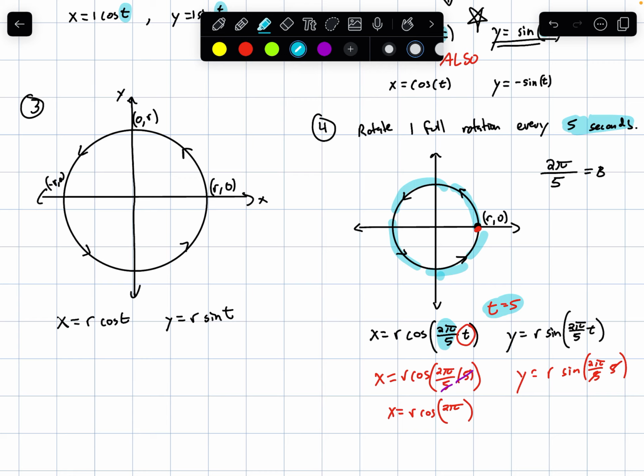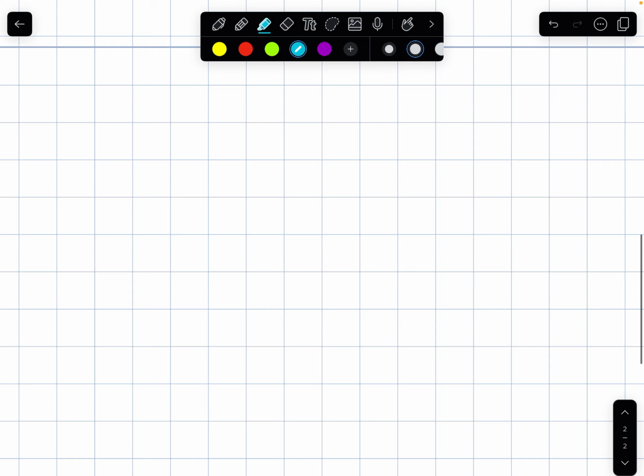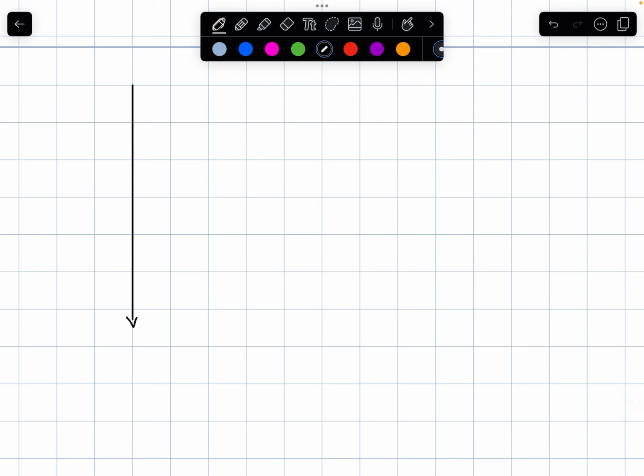Okay, let's look at a case where we don't have a perfect circle. So let's do, and we're going to center at the origin again. And let's say we have a starting coordinate of (3, 0), and a y-axis coordinate of (0, 2), and then we'll come around and we'll get to (-3, 0).